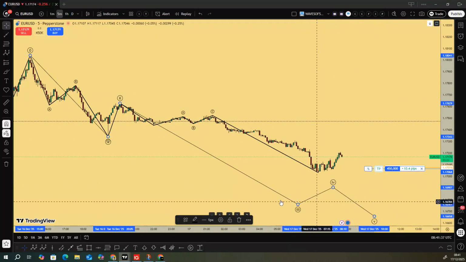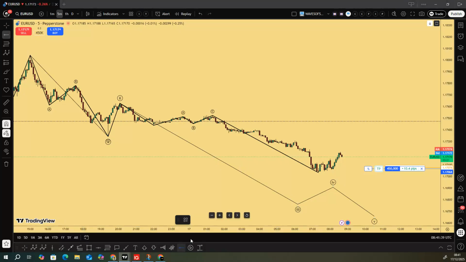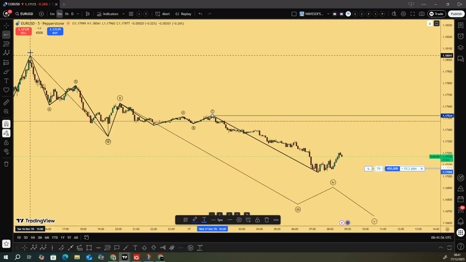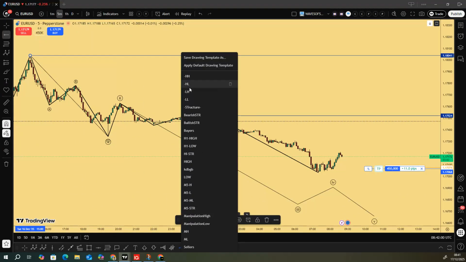Then when that happens, unless a new ABC like this is formed somewhere here, this is not ABC, it looks like, but what we are using, this is a bigger wave. So this is the only structure that we've seen so far. That's a momentum high.